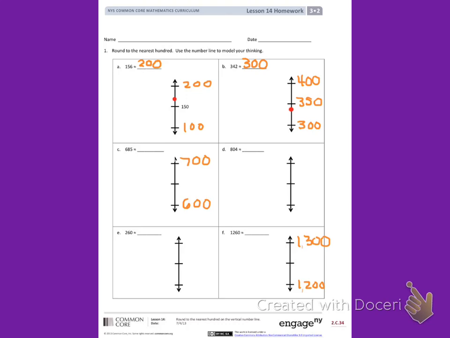The midpoint or halfway point would be 1,250. Now you plot the position for 1,260 on the vertical number line, and then you decide what number it is closest to, 1,200 or 1,300 when counting by hundreds, and then write the answer on the line provided for item F.